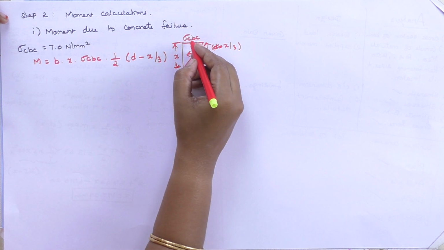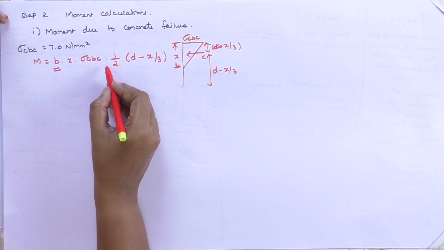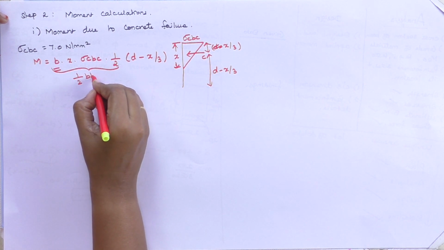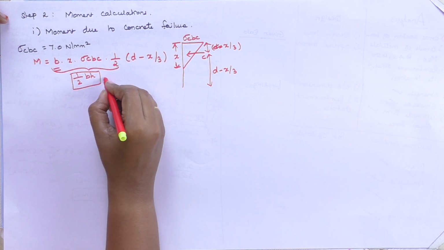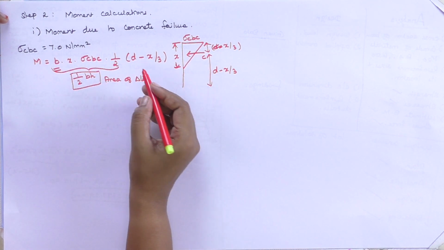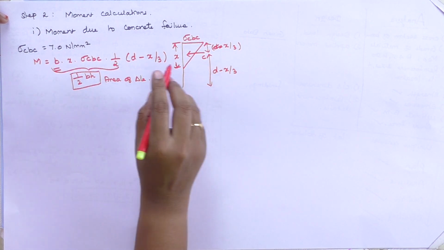It is purely based on your section, that's why we are taking it as B. X half, this one, half base into height, the area of triangle into the distance travelled, that is d minus x by 3.